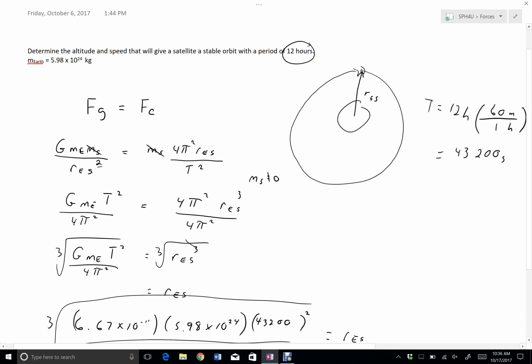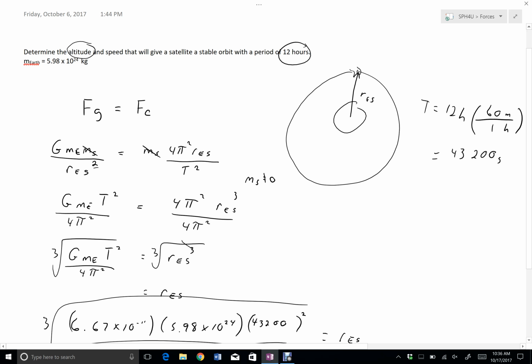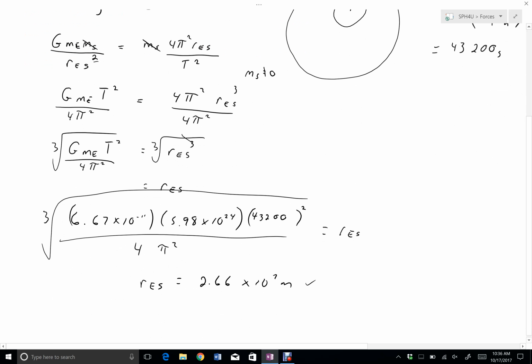Now the question actually says the altitude. I don't know if I'd be picky about this, but I think technically this section right here, that's the altitude. So we don't include the radius of the Earth in that. So if I want the altitude, I guess I should take the radius of the circular motion less the radius of the Earth.